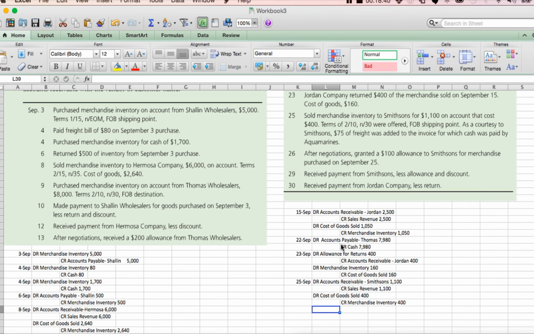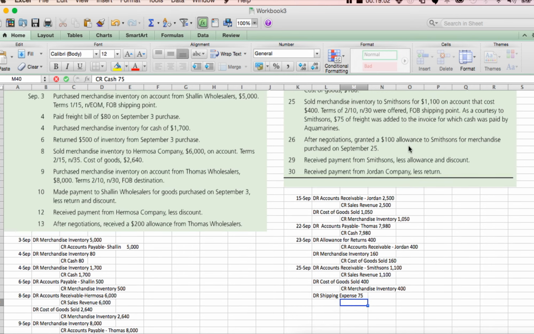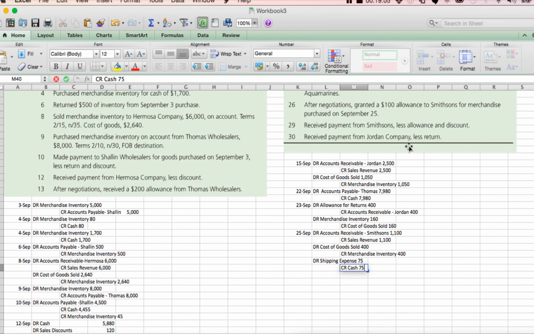Okay, but we're not done yet. We also want to recognize this $75 of expense. Okay, so we're going to have a debit to shipping expense for $75 and a credit to cash for $75. Okay, and remember, that's because when we are accounting for sending something to a customer, that does not get included in the cost of goods sold. That's actually separately tracked in the shipping expense.